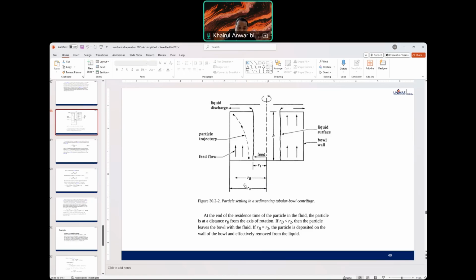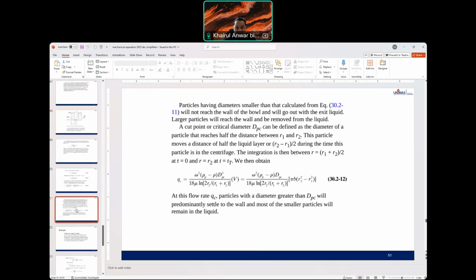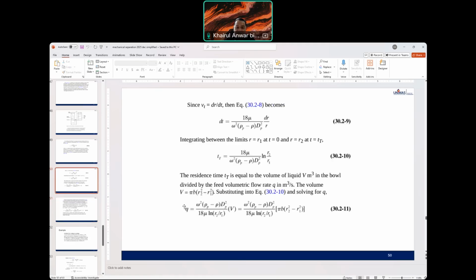Minimum is R1. Oh, sorry, not R1. Minimum between... reach half the distance between R1 and R2. This particle moves a distance of half the liquid layer, which is (R2 minus R1) over 2, during the time this particle is in the centrifuge, and then you have QC.